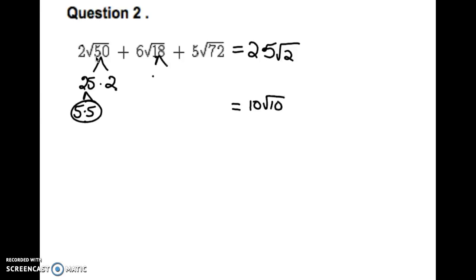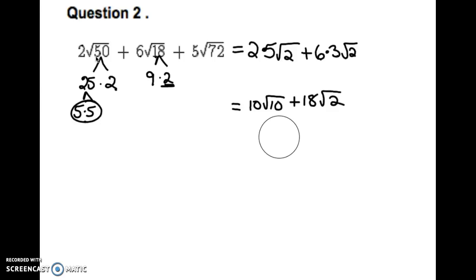With 18, I'm going to break that down into 9 times 2, because 2 is prime. I'm going to keep the 6 out front. The square root of 9 is 3, and the 2 stays inside. Outside product is 18 times the square root of 2, and I just realized that I have 10 here, and that should be 2. The square root just comes straight down.